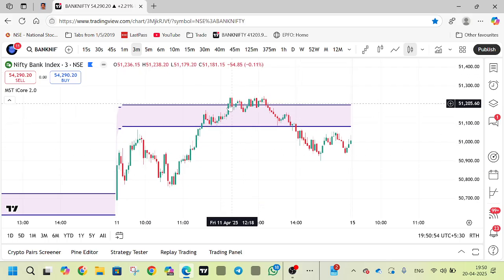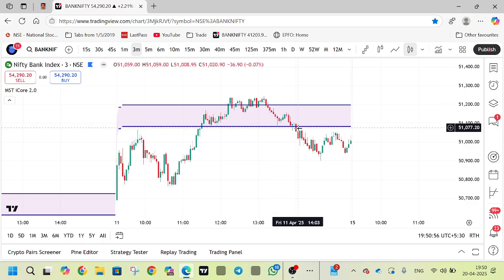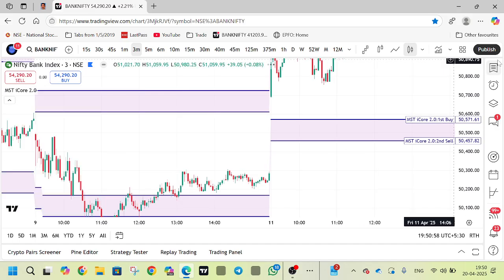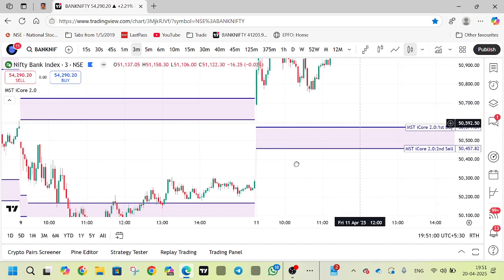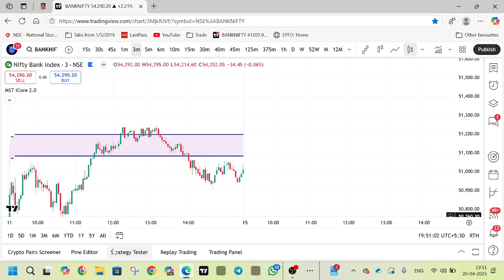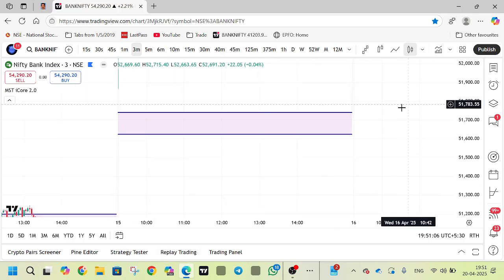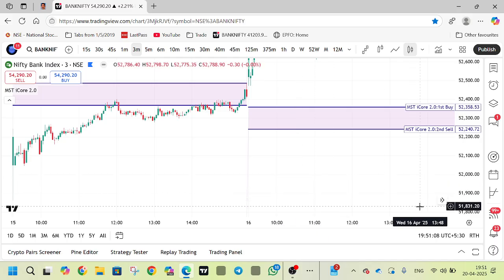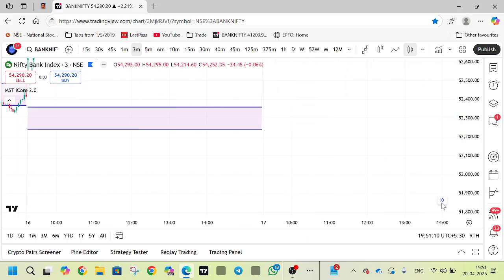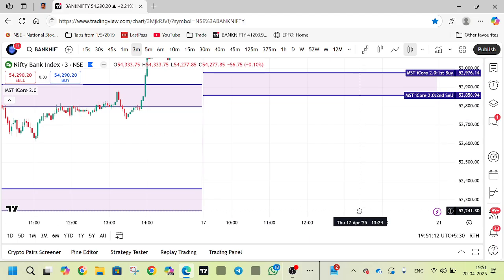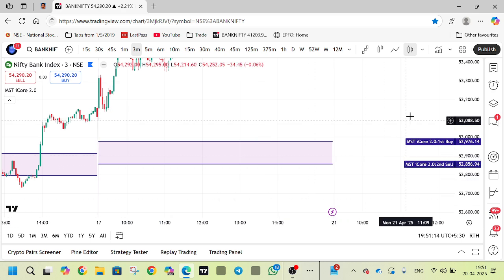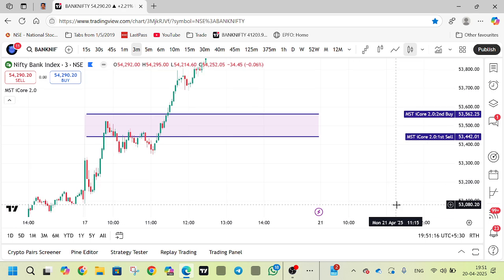Then second buy activated, first target hit, then first sell activated, all the targets hit. So why we are saying that if buy activated there is no sell: we should not keep on trading in the market. Better to avoid multiple trades so that you will get consistent profit. Take one trade. If SL hit, go for the reversal entry. If target hit, enjoy the profit and exit from the market for the day.